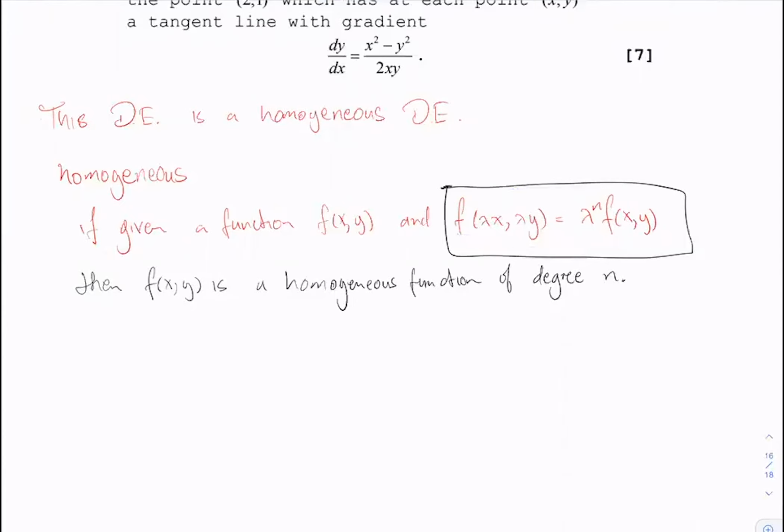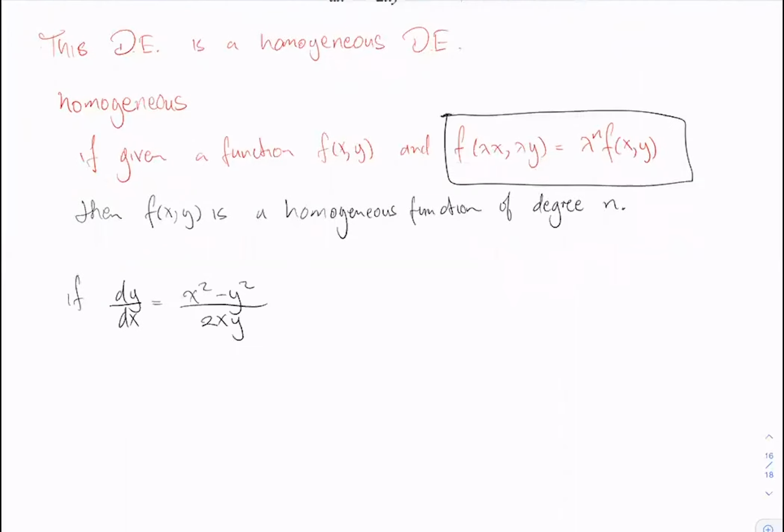Likewise, if we're given a differential equation dy/dx equals x squared minus y squared divided by 2xy, then dy/dx equals lambda x squared minus lambda y squared divided by 2 times lambda x, lambda y.